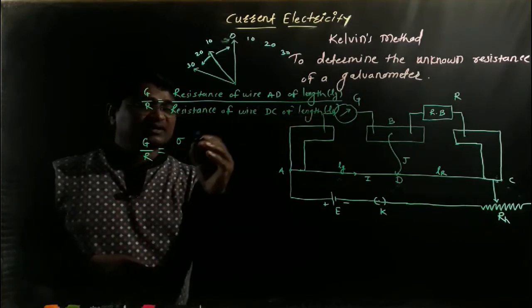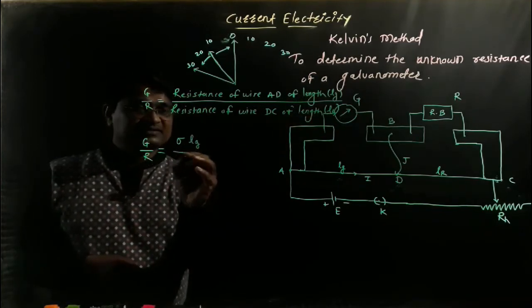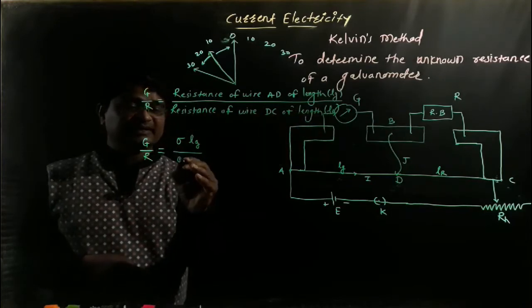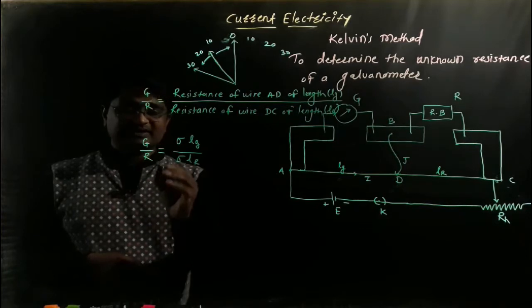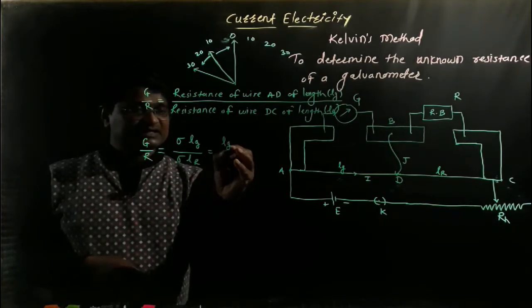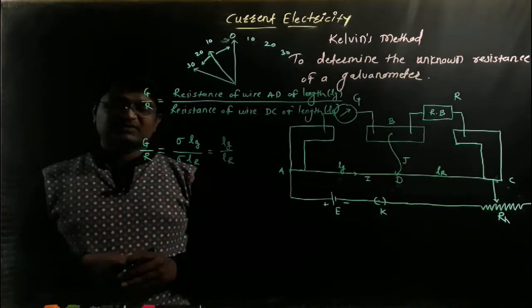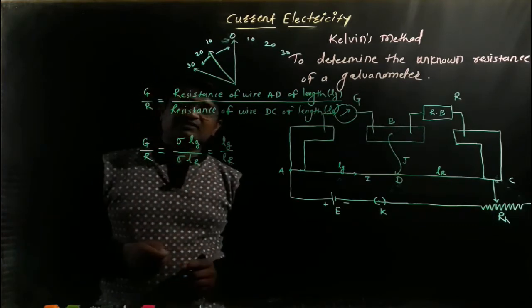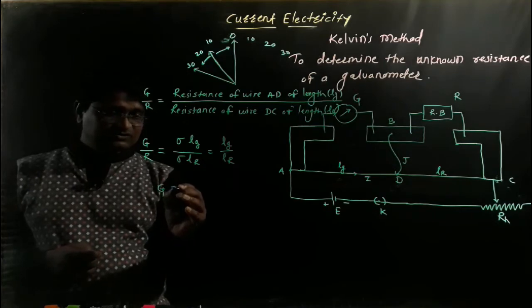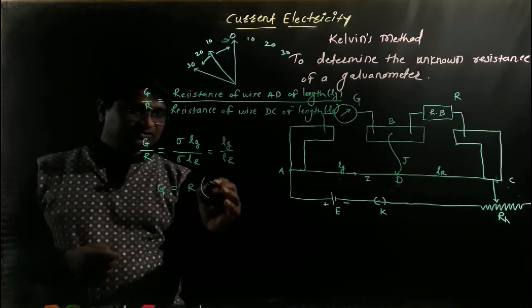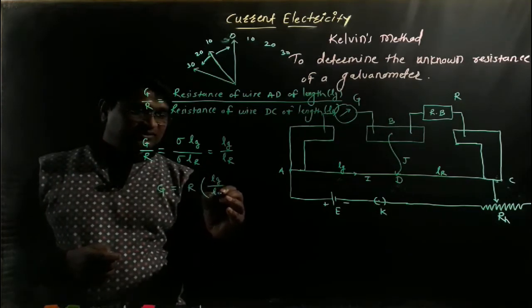So we get sigma into LG, and the same concept applies for the given wire, sigma into LR. So we can find LG upon LR. So G upon R is equal to LG upon LR, and G is equal to R into LG upon LR.